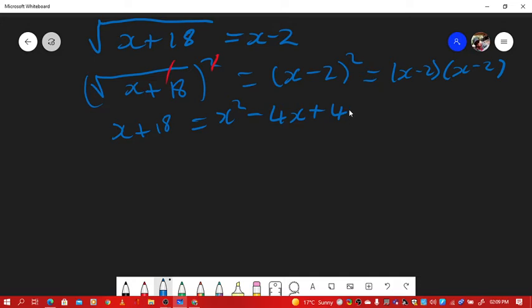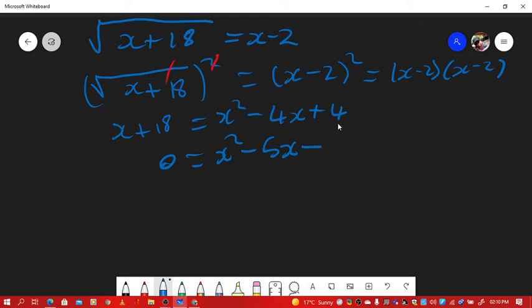Okay, so now I take everything here to the right hand side so that I remain with 0 this side. So 0 is equal to x squared. Now this is negative, this is positive. When it goes to the other side, it becomes negative. We have minus 5x. When it comes this side, it's negative.